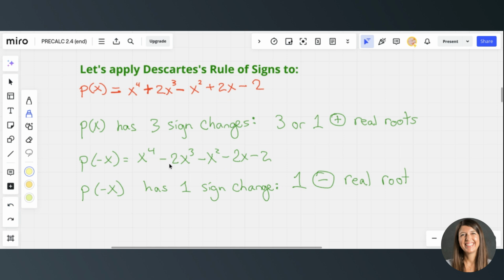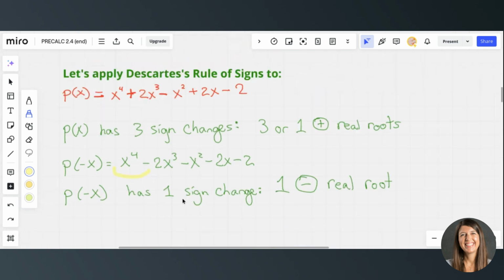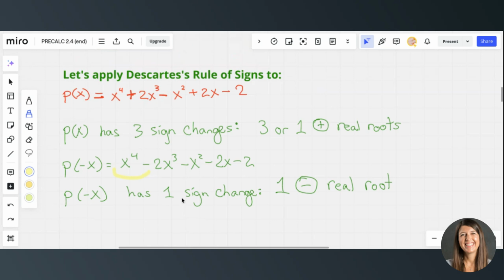All right, so now we've got p of negative x, and we go from positive to negative, but then it's going to go negative again, negative again, negative again. So it didn't change once it turned negative. So we just have this one sign change right here from the first term to the second term going from positive to negative. So that means, because there's one sign change, I'm going to have one negative real root. So this is using Descartes' rule of signs to look at our p of x from example 6.